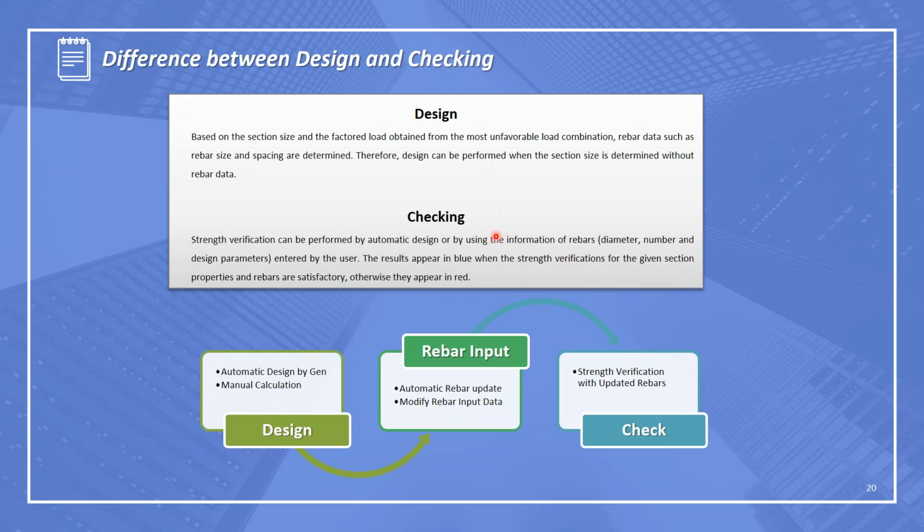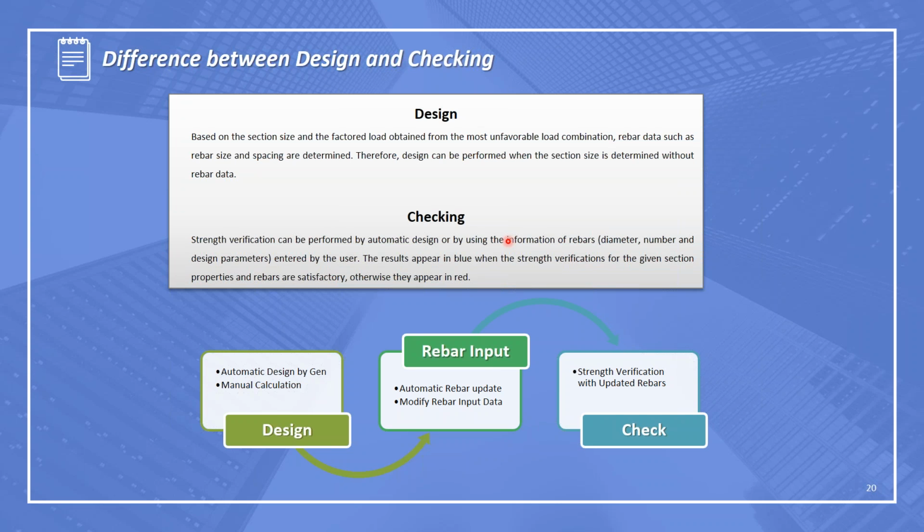But in case of checking, it's mainly for engineering experience. After proceeding with analysis and based on constructability and your own experience, you can enter the reinforcement yourself first, and you just want to verify whether the input is safe or not as per Eurocode. So you will be able to check the report, which part is safe and which part is not, with ratio.